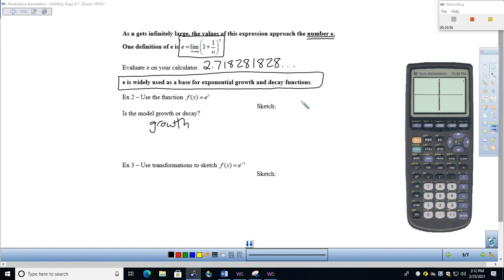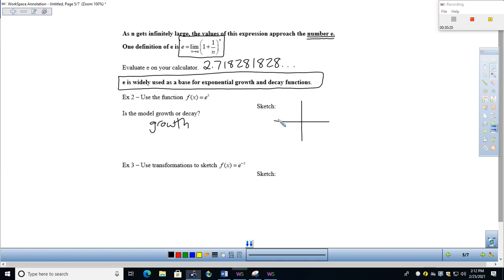Looks great. Sketching it looks something like this. So again, kind of like that. Domain, all real numbers. Y-intercept would be 1 because of the 1 in front of it. Growth because this is a number above 1. And horizontal asymptote at y equals 0. So nothing really changes there.